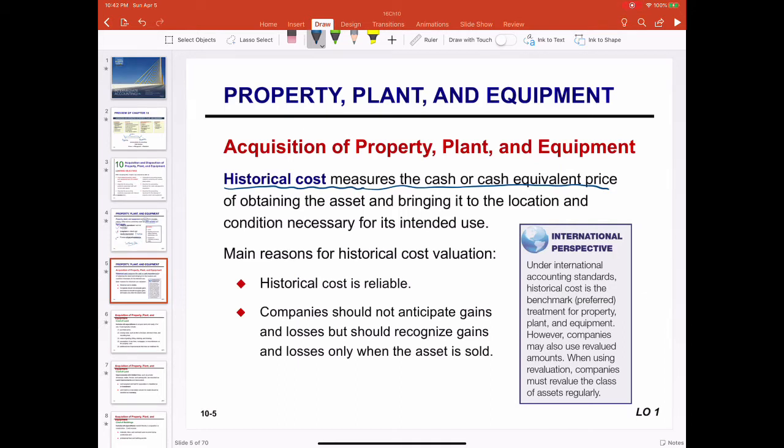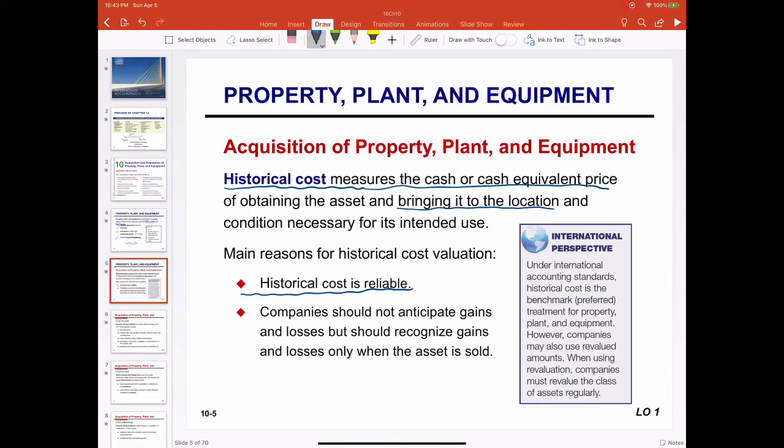For example, bring the assets to the location, right? That includes the shipment costs and any insurance, title fees. The reason we use historical valuation is because it is reliable.